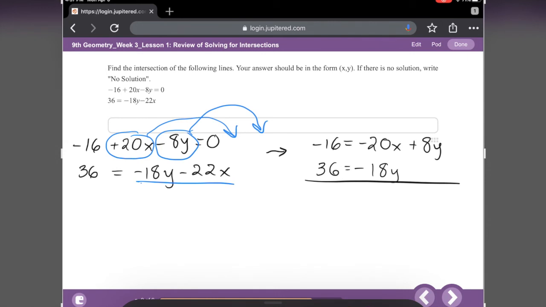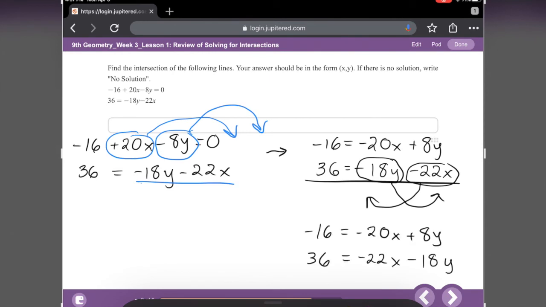So negative 18y minus 22x. Okay, looks good. So let me just switch the order that these are appearing in. I can just change their order because as long as we keep the associated sign with it, the order of addition doesn't matter. Okay, so now here are our two equations.